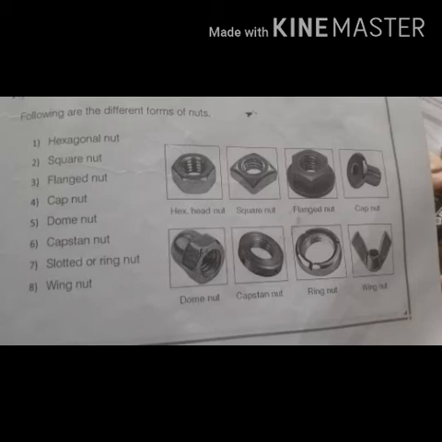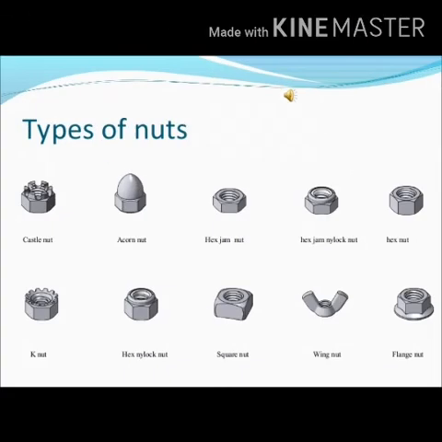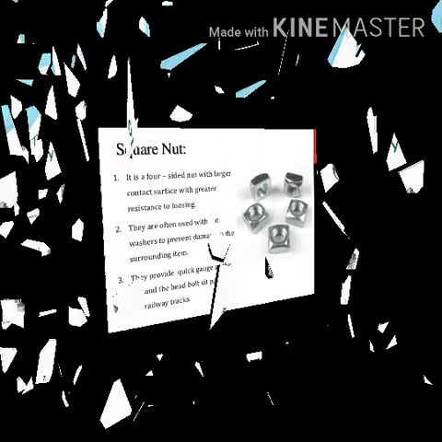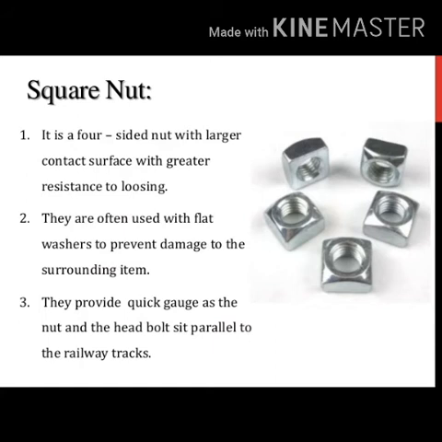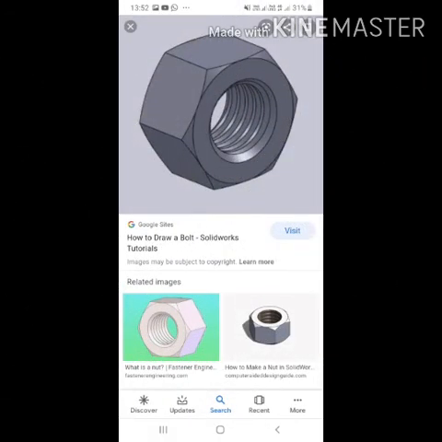In addition to these, we have other forms of nuts such as flanged nut, cap nut, dome nut, capstan nut, slotted or ring nut, and wing nuts, which are some of the nuts used other than hexagonal and square nuts.